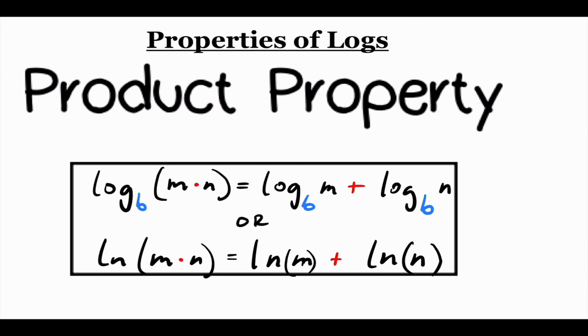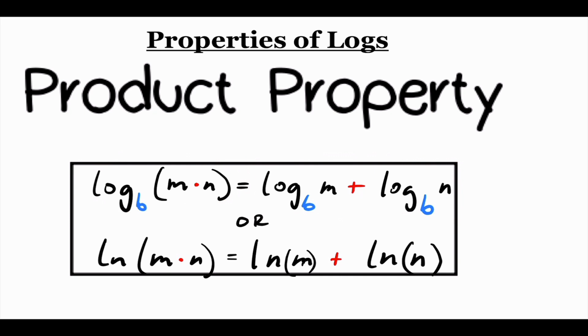One side of the equal sign is expanding and one side is condensing. This side is the condensed side. There's only one log and m and n are together. This side is expanded. The m and the n are separate. There's 2 logs.